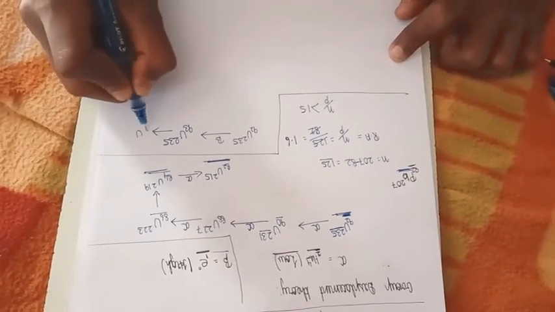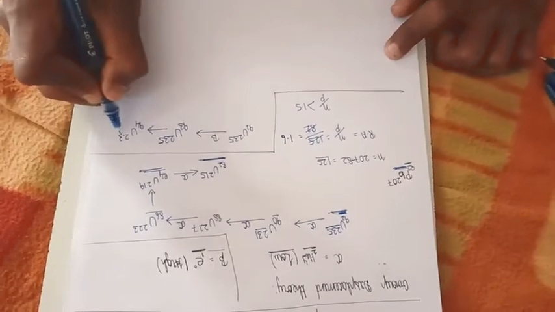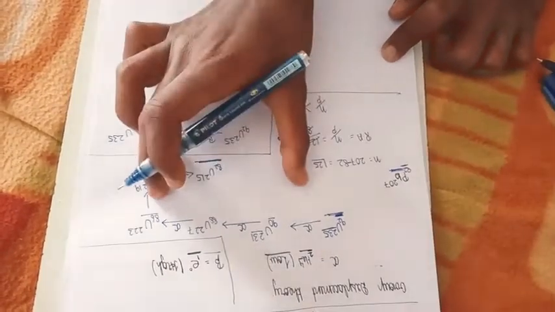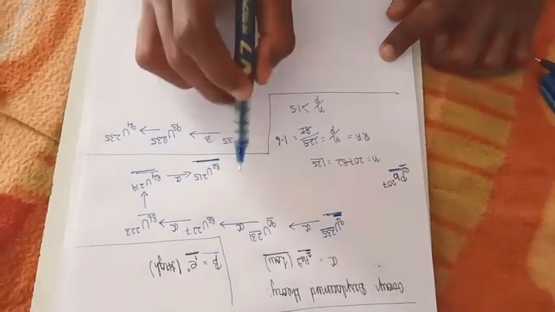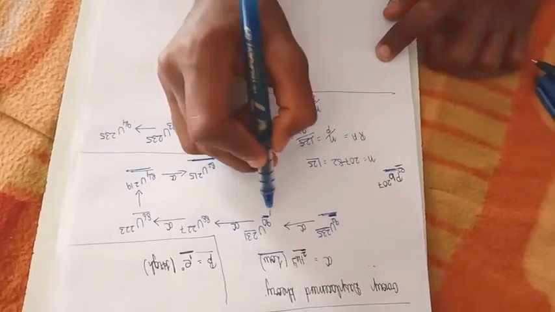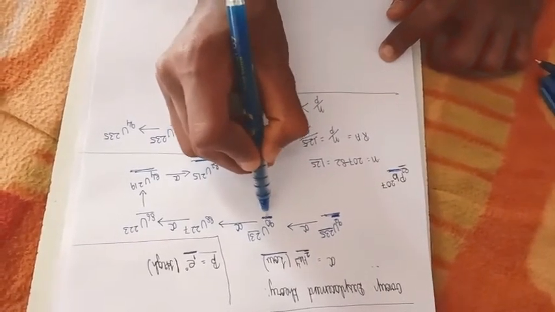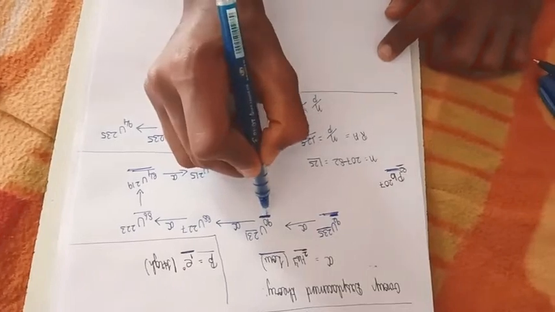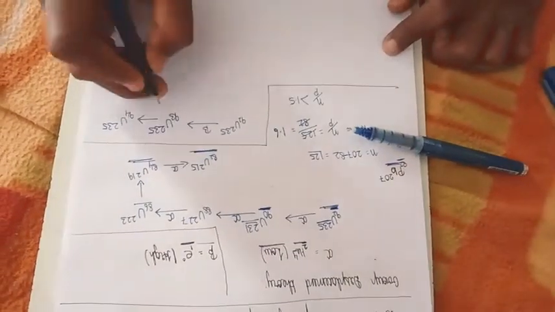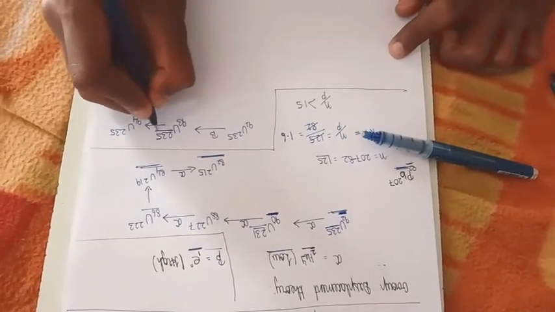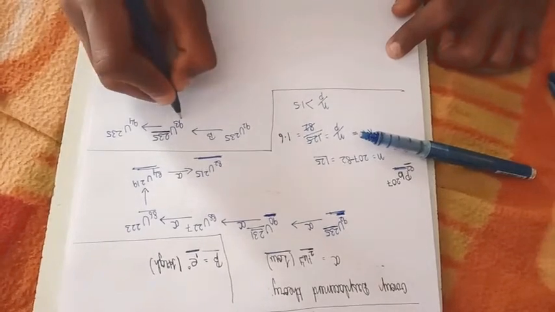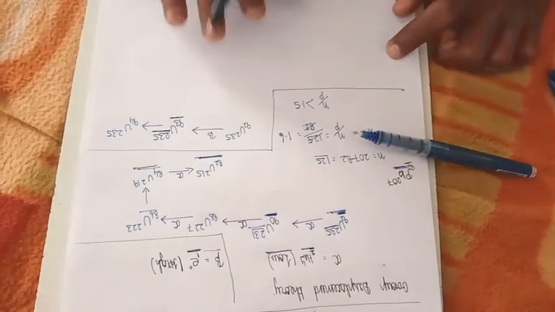Add one more beta, 94 and 235. These are all called isobars. Isomers and isobars: an isomer means a change in atomic number and atomic mass both, but an isobar means no change in atomic mass, only a change in atomic number.